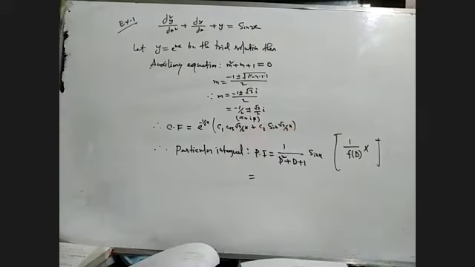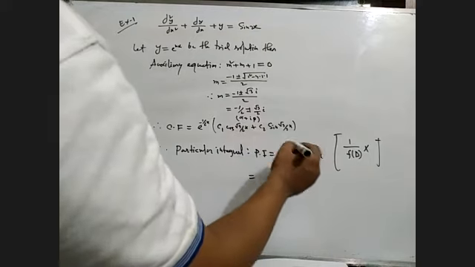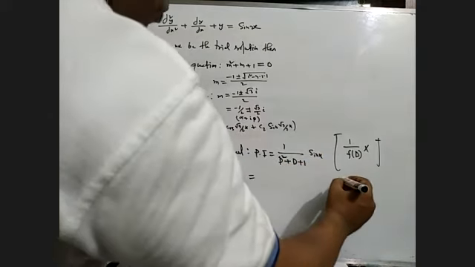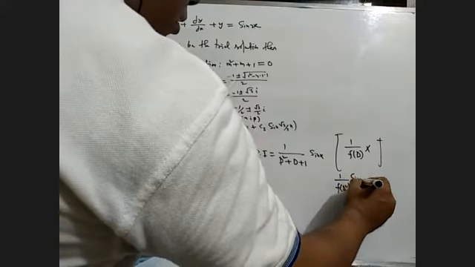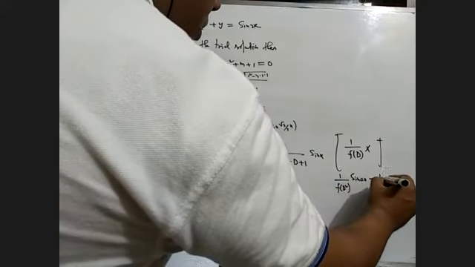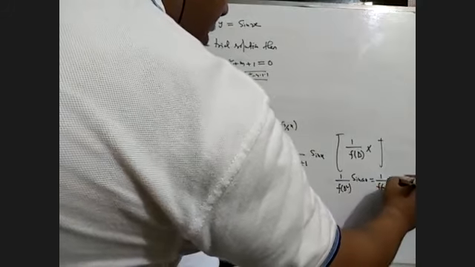So now how can we find this? From the third rule, for f of D square acting on sin ax, it is 1 divided by f of minus a square, sin ax.